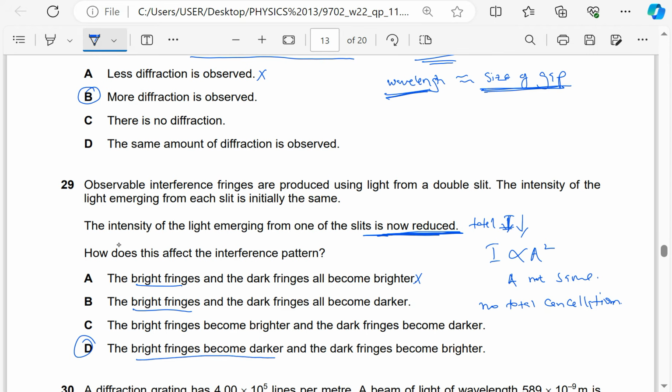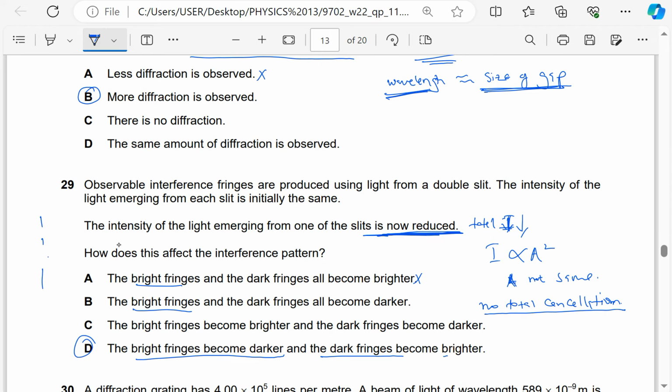The bright fringes become less bright because total intensity has decreased. The darker fringes become brighter because we no longer have total cancellation, since the amplitudes are no longer the same. Let's say you have two sources of light.